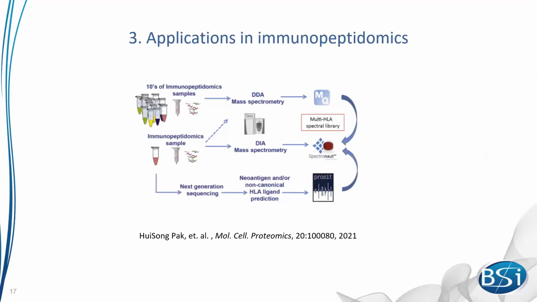In the last part, I will use a recent publication to show the power of this streamlined workflow in peptide identification. Recently, immunopeptidomics has brought lots of challenges. People believe DIA data might give a full image of the complexity of the immunopeptidome.